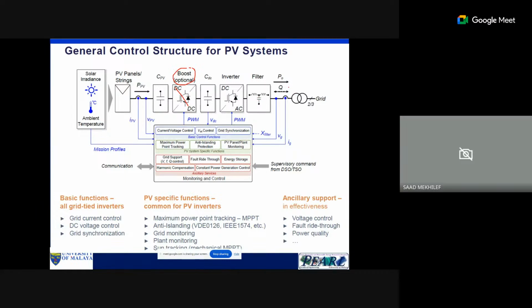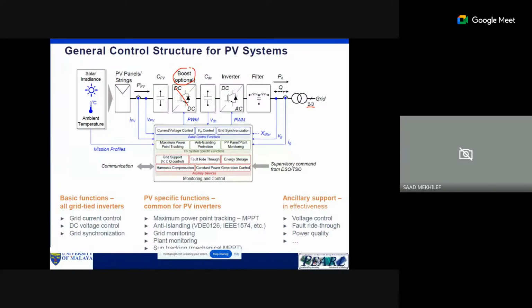And then the transformer. We have the transformer, and then we have the grid. This transformer can be either two or three, meaning single phase or 3-phase. We inject active power, and we can also absorb and inject reactive power.